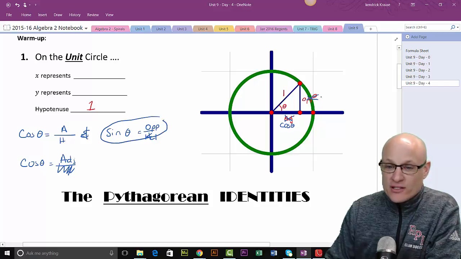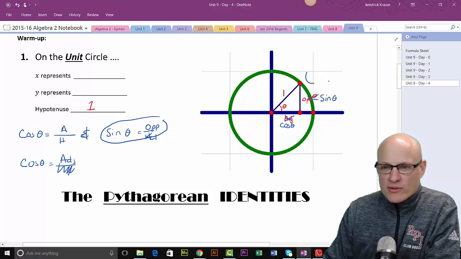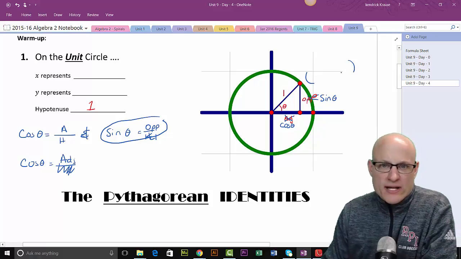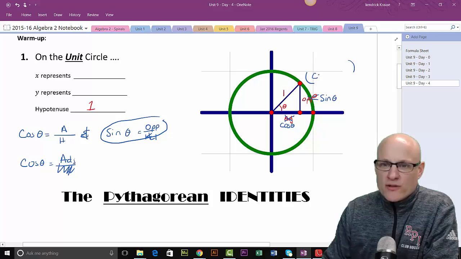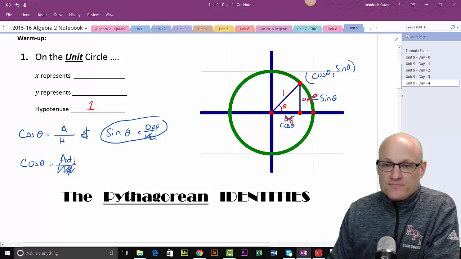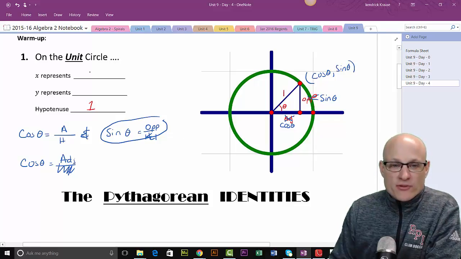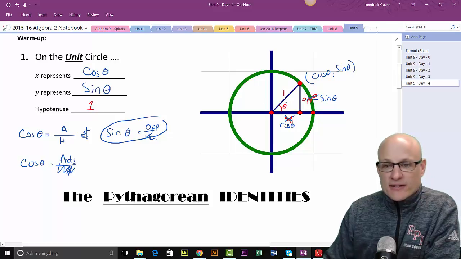So this side here would be sine theta. We talked about that with the unit circle: the x value is cosine of theta and the y value is the sine of theta.